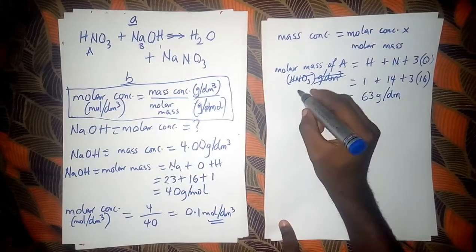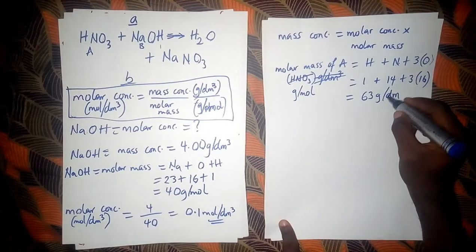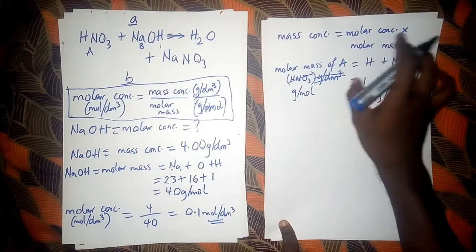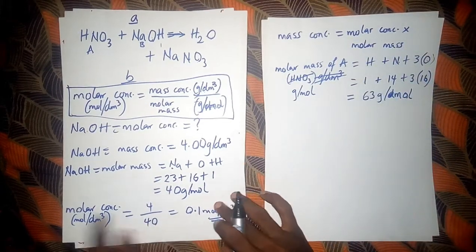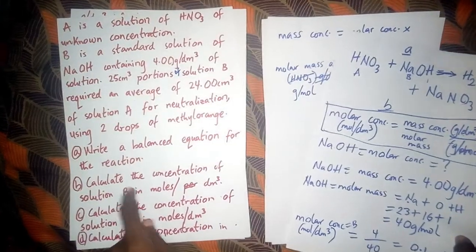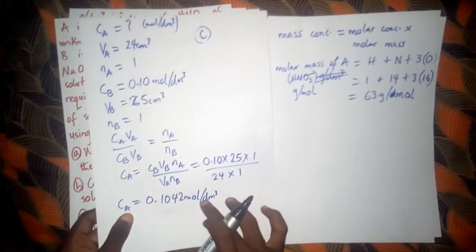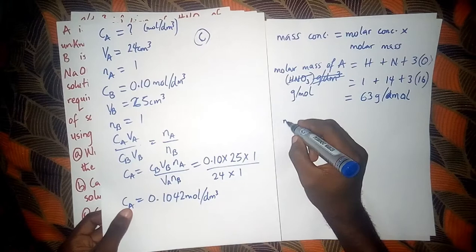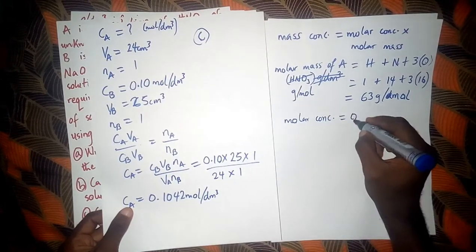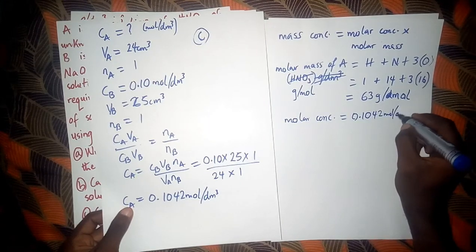Sorry, molar mass is gram per mole, so this is 63 gram per mole. The 0.1 mole per dm cube was for B. For A, we already know our molar concentration, which is 0.1042 mole per dm cube.